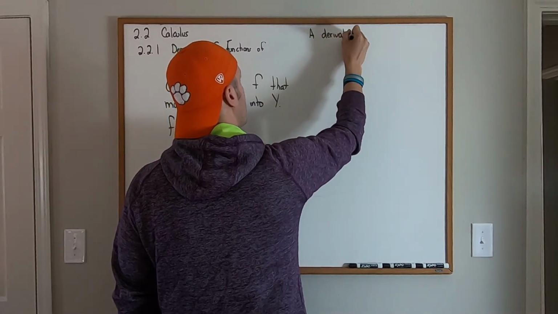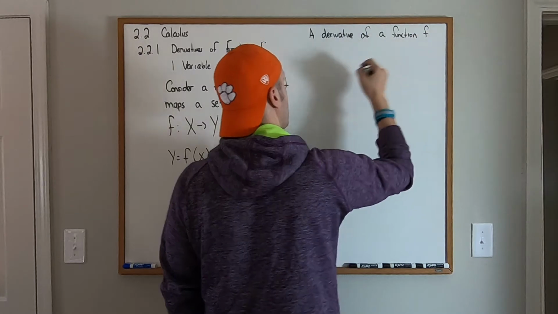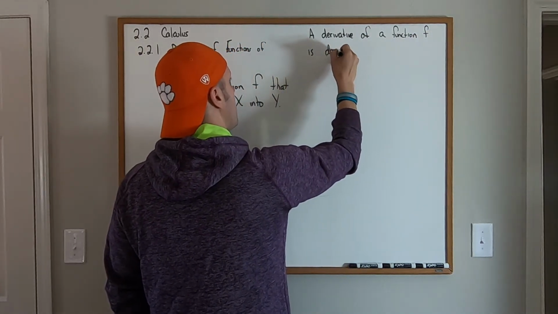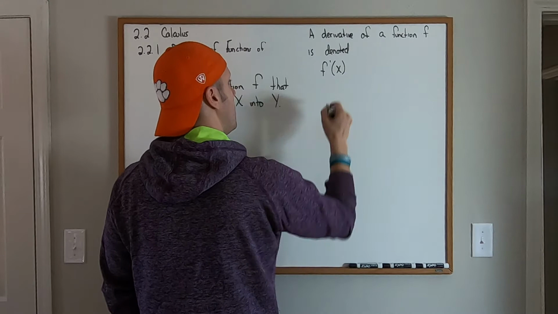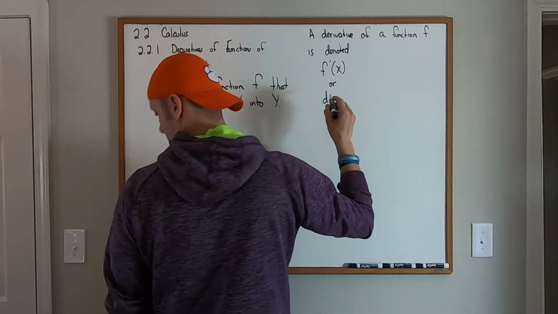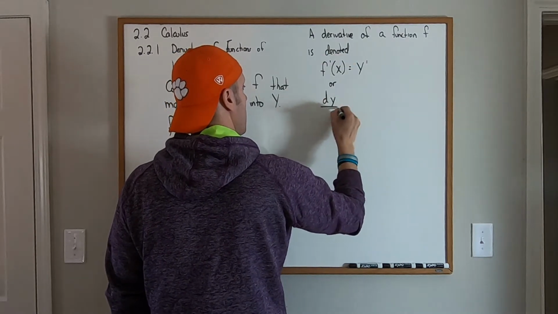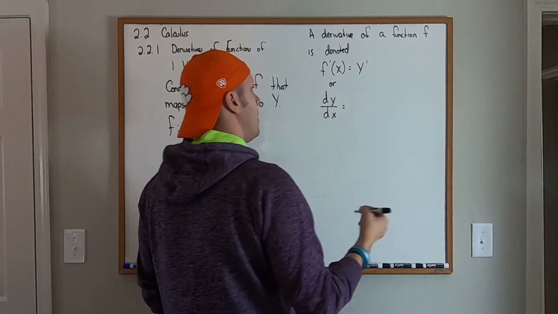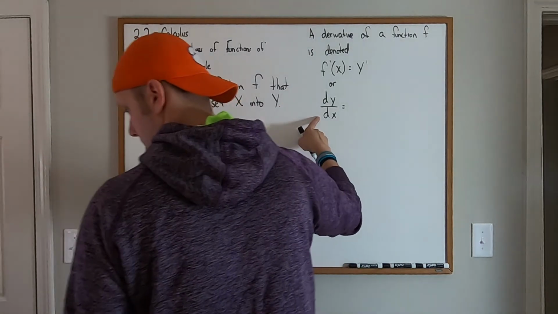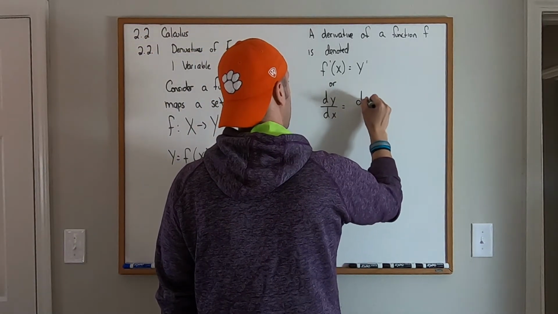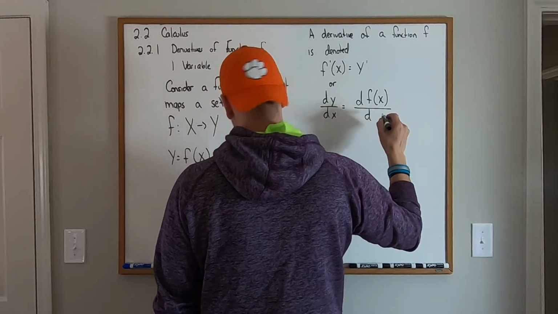The derivative of a function f is denoted either f prime of x equals y prime, or dy over dx, the derivative of y with respect to x is equal to the derivative of the function f with respect to x.